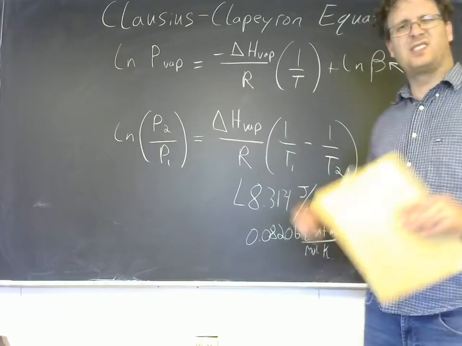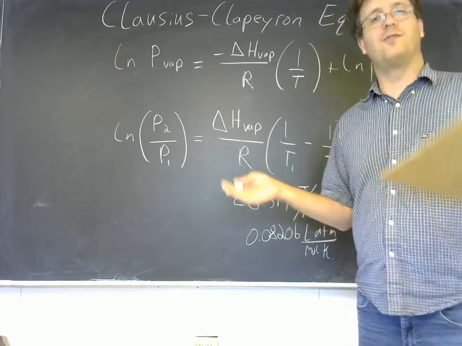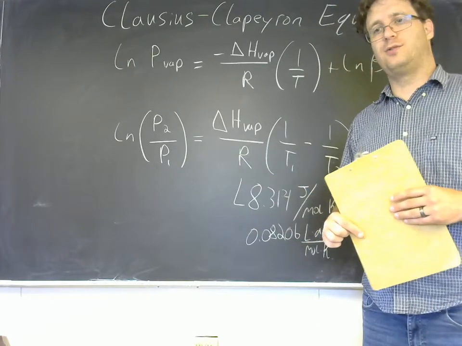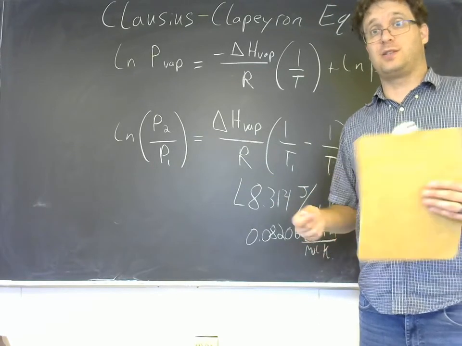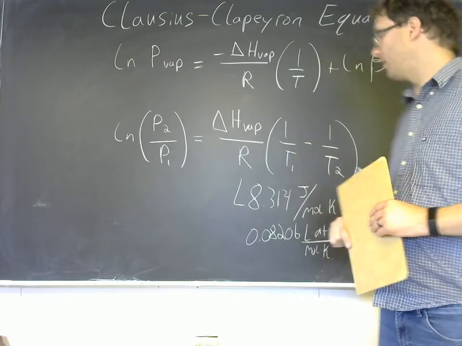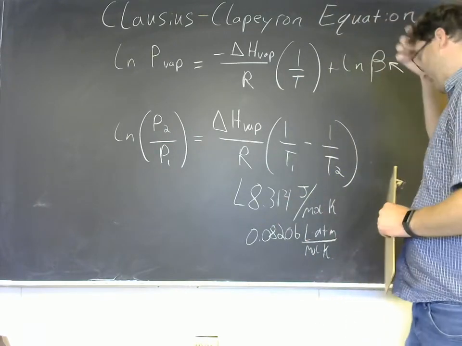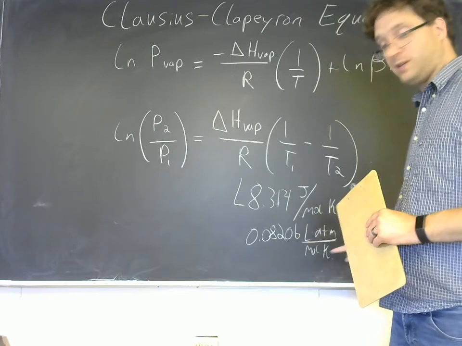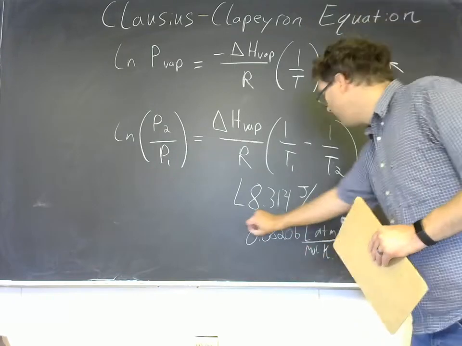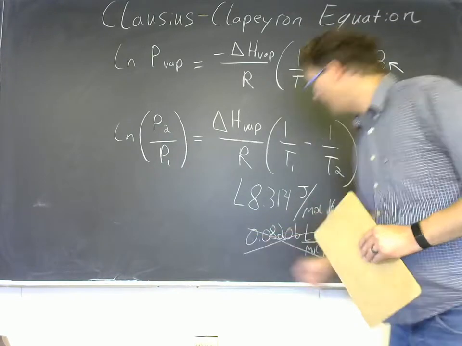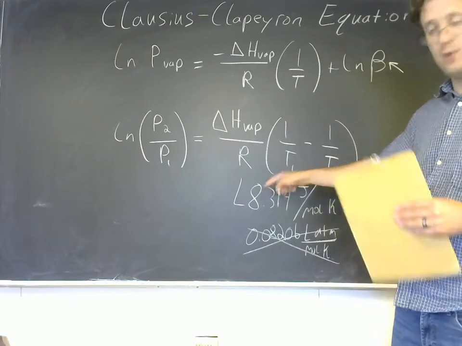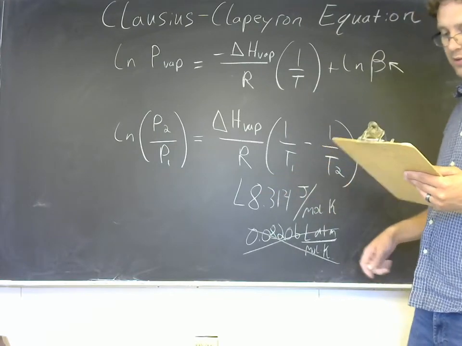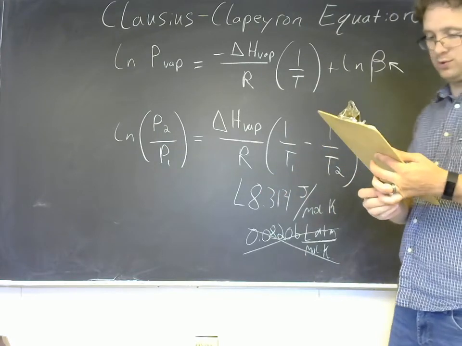Just like I can say 12 inches and 1 foot are two very different numbers that represent the same quantity because they're in different units. This is the number that we'll use with the ideal gas law, PV equals nRT, but we do not want to use that here. For the Clausius-Clapeyron equation, you use 8.314 joules per mole Kelvin.